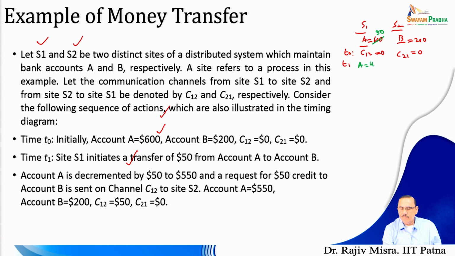So, A will become 550 and request for $50 credit. So, account B is sent on state of the channel C12 to the site S2 and the account becomes... So, here the state of the channel makes the $50 and the account becomes 0, this one.